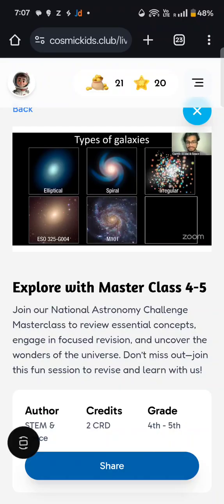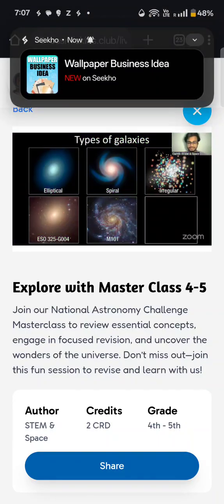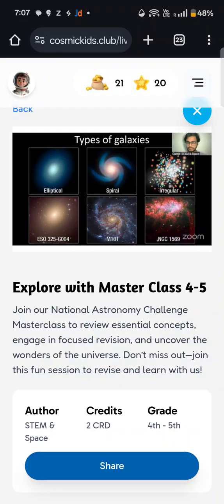Or the spiral galaxy, like this M101 or our Milky Way, which clearly forms a spiral pattern. These types of galaxies are called spiral galaxies. And irregular galaxies don't have any particular shape, neither circular, spiral nor elliptical, so they are called irregular galaxies.